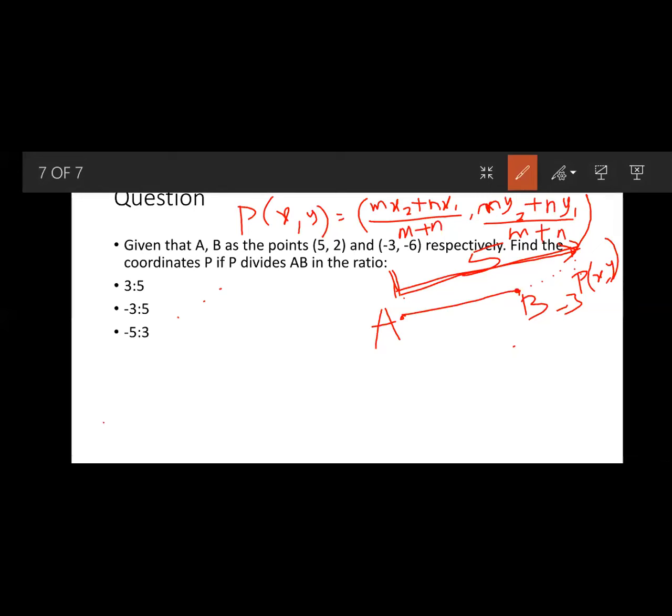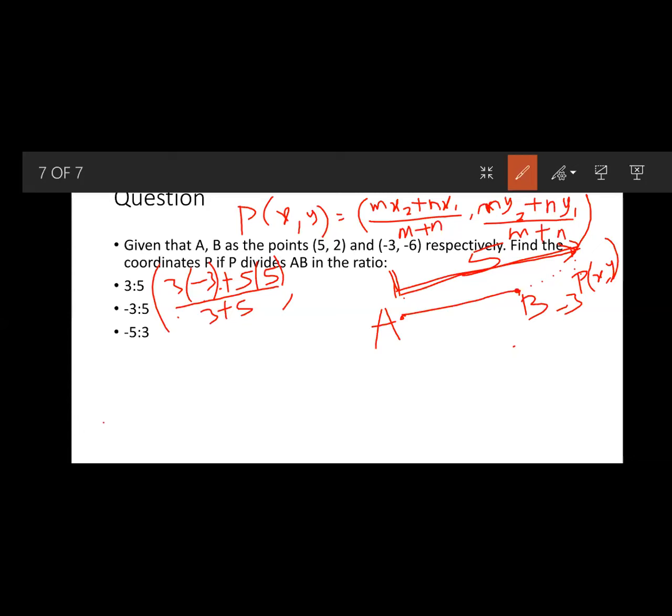Our m is 3. So I'm going to have 3 into bracket x2. Our x2 is what? Minus 3. Plus n. Our n is what? 5. And our x1 is what? Is 5. Divided by what? m plus n as 3 plus 5.